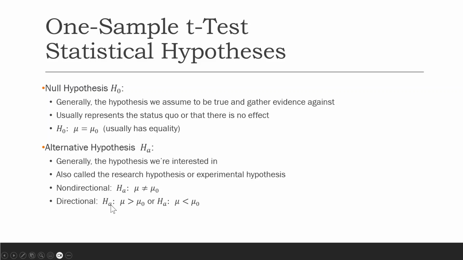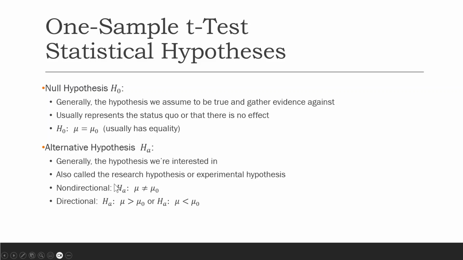So it's H sub A is that mu is greater than some value, or here my alternative is that mu is less than some value. These are directional alternative hypotheses. A non-directional alternative hypothesis is that mu does not equal a specific value. Now, when you're doing a study, you're going to choose one of these as your alternative hypothesis.